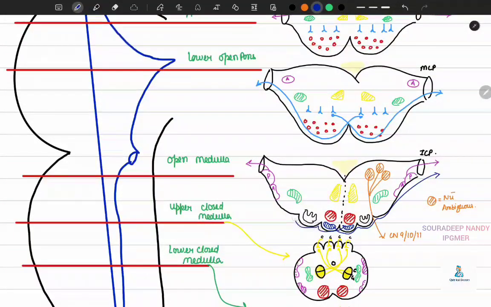These fibers are called external arcuate fibers. And another type of fiber goes through the substance of the medulla, then goes through the posterior surface of the medulla to supply the cerebellum. This is called the internal arcuate fibers.